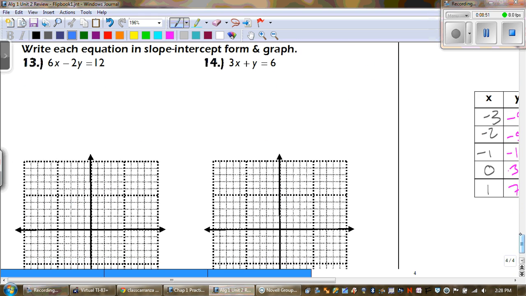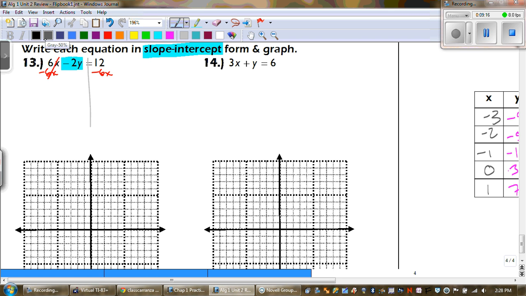Now for this one, it's saying to write each equation in slope-intercept form. So the first thing I got to do is make it look like that. However, our y is not by itself. Okay, so to do that, there's our y. Hi, y. Let's get you all alone. So we're going to minus 6x to both sides.